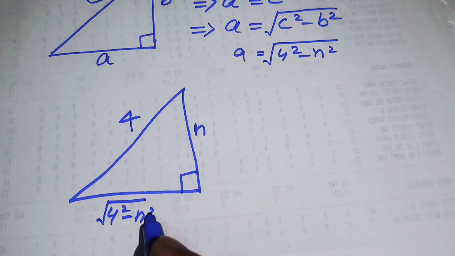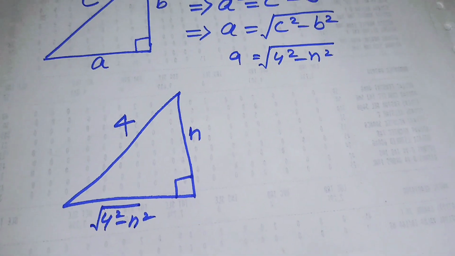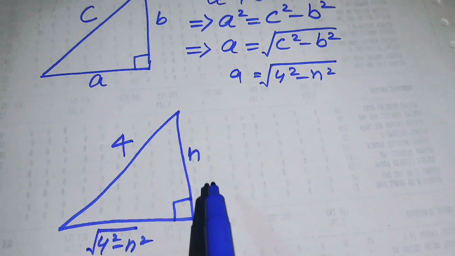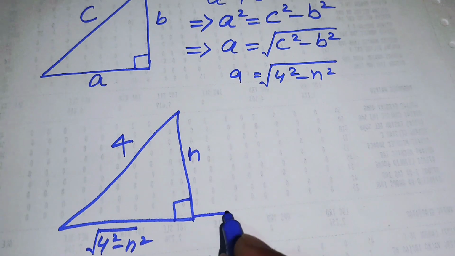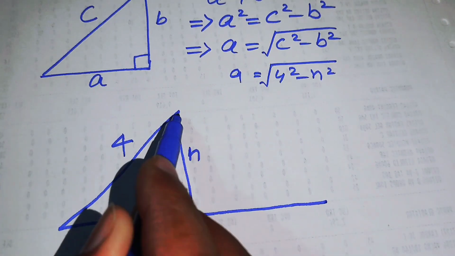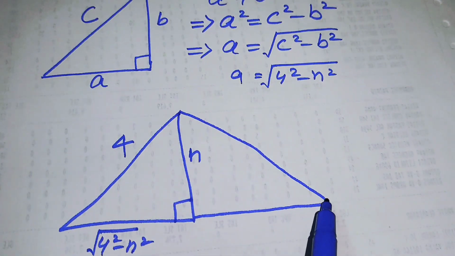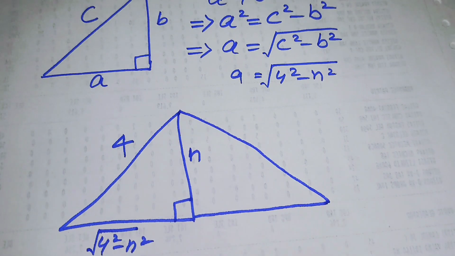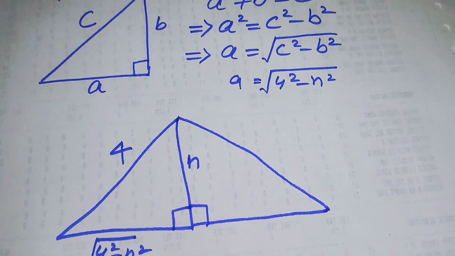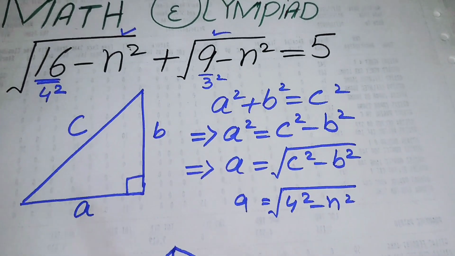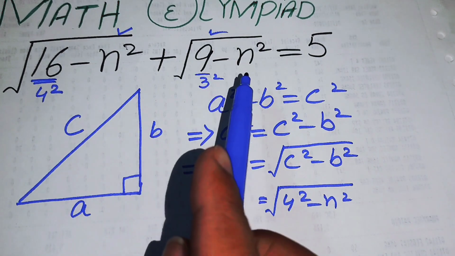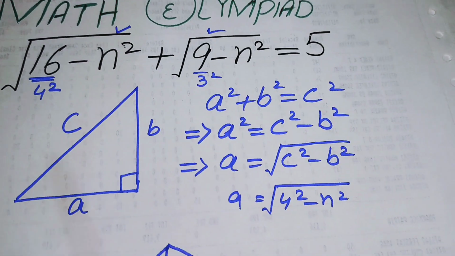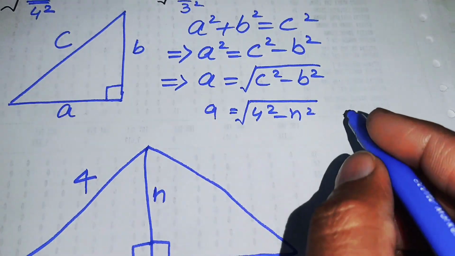Similarly, we extend this right triangle and draw a new right triangle. This is the right angle, and now we can compare the second radical term, which is the square root of 3 square minus n square.